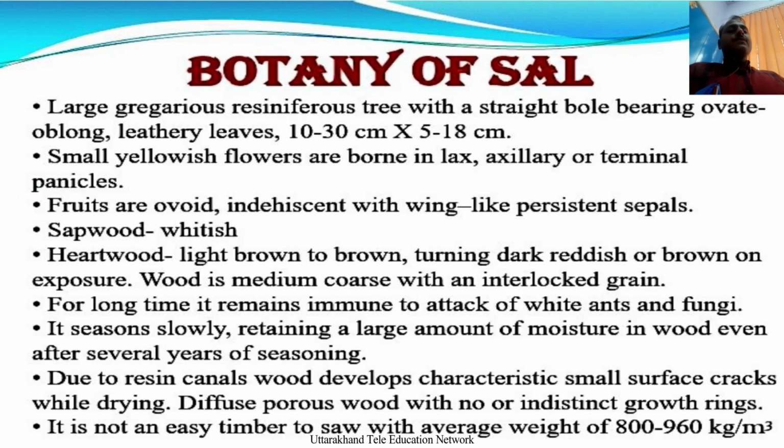Botanical description of sal. Sal is a large gregarious resiniferous tree with a straight bole bearing ovate, oblong, leathery leaves 10 to 30 centimeter into 5 to 18 centimeter of dimension.